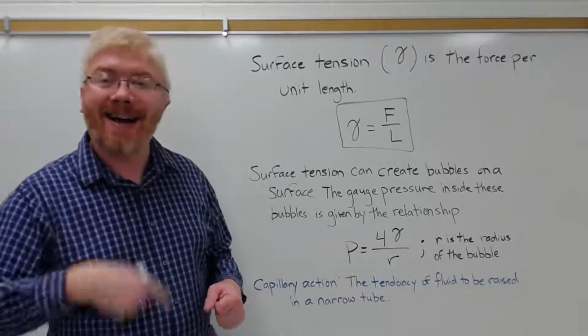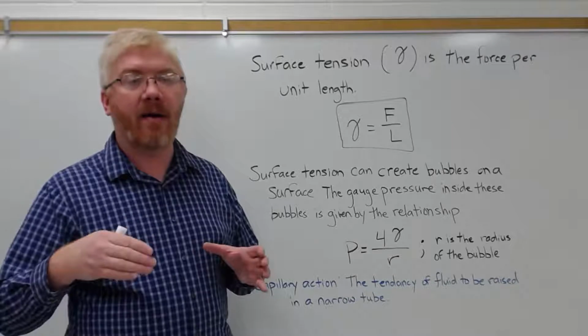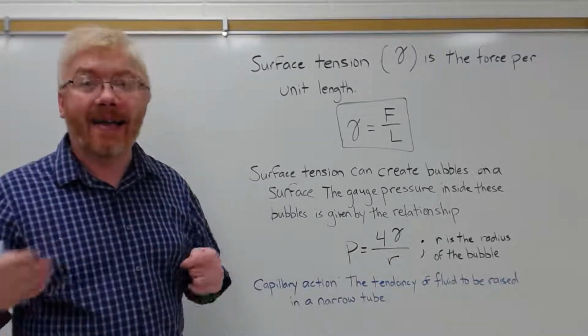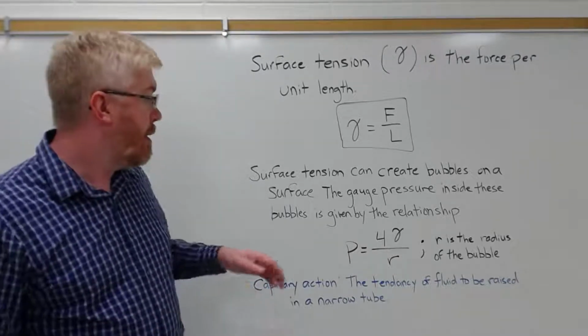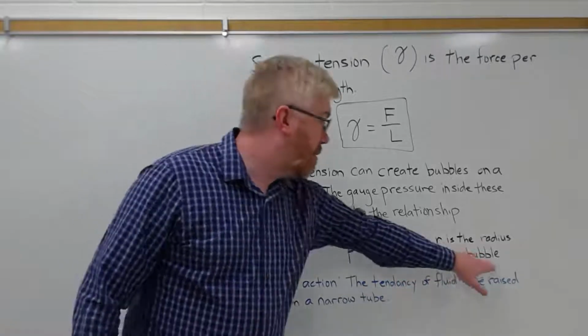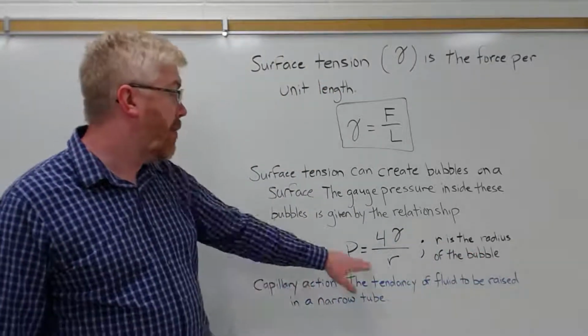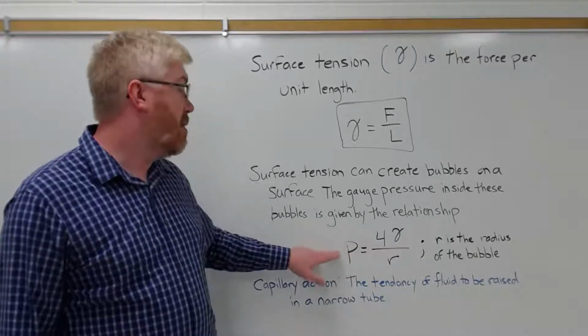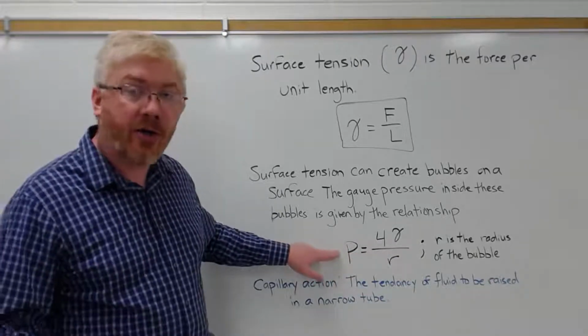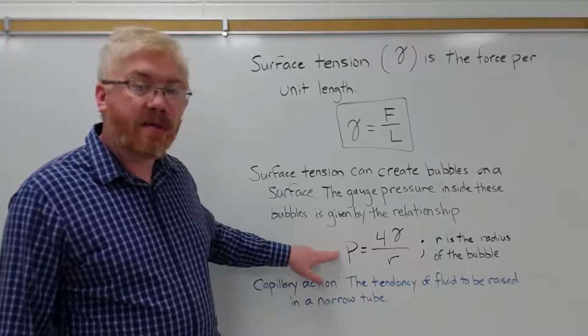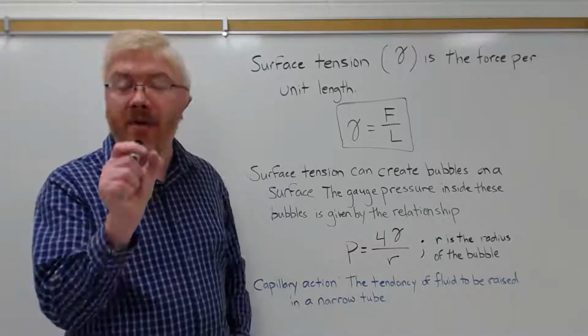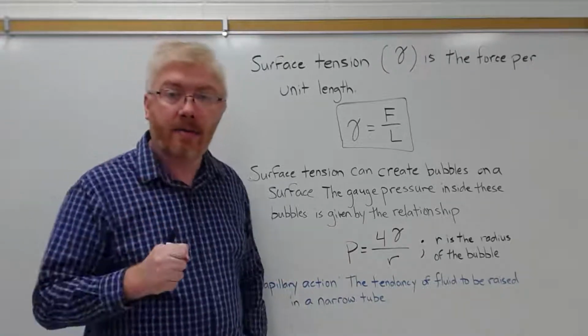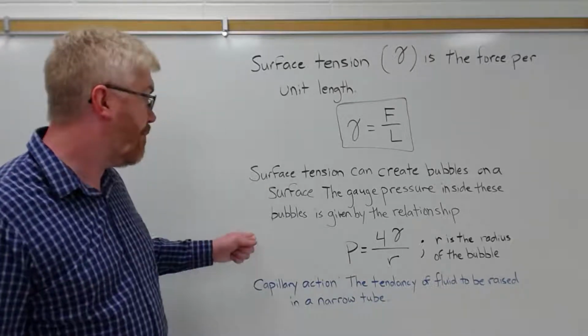Air gets trapped inside those bubbles due to the effect that soap has on the forces in water. And you can then create very large bubbles. The larger the bubble, the bigger R is, the lower the gauge pressure is inside of that bubble. So small bubbles have a much higher pressure than large bubbles do.